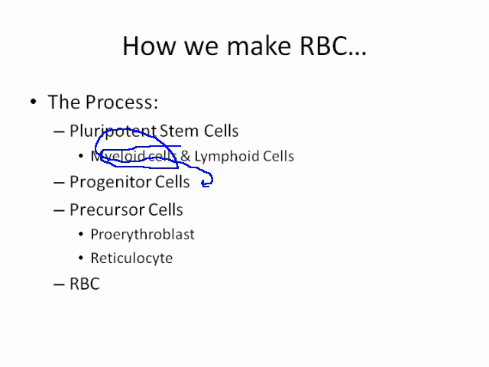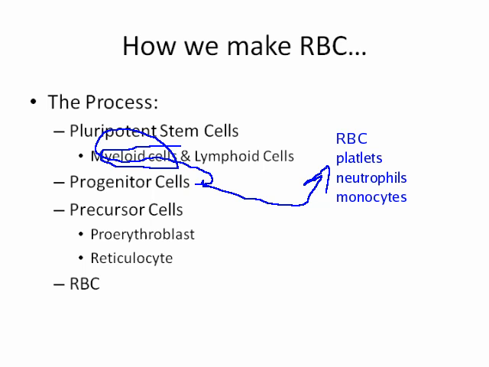The progenitor cells have to commit to becoming either red blood cells, platelets, I'm missing an E in platelets there, I realize that, or they will commit to becoming neutrophils, or they will commit to becoming monocytes.